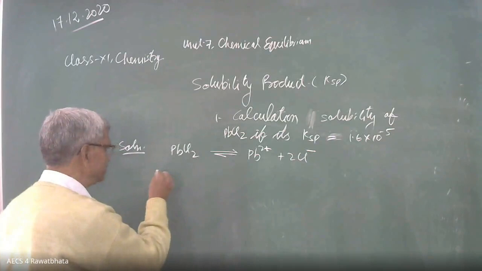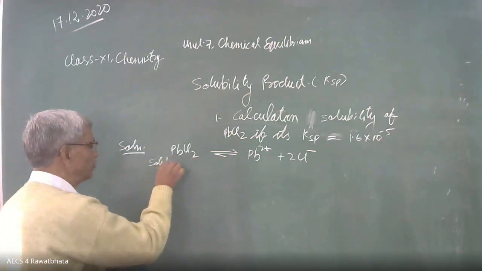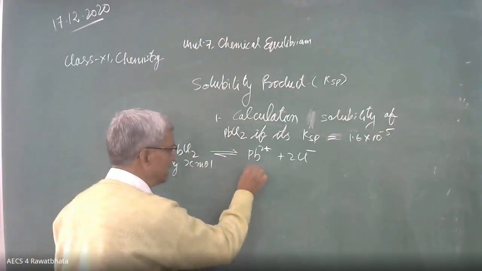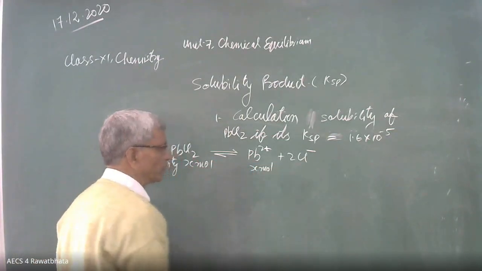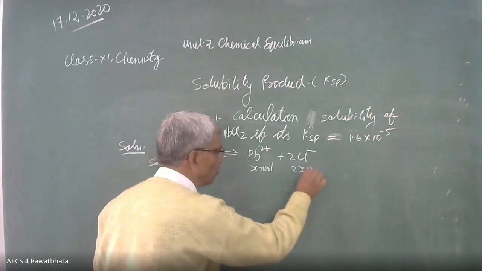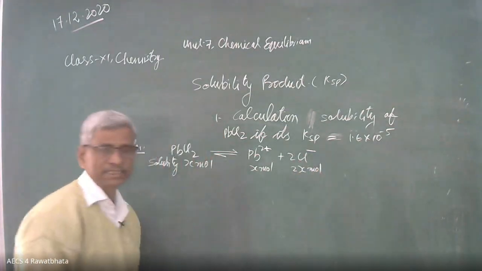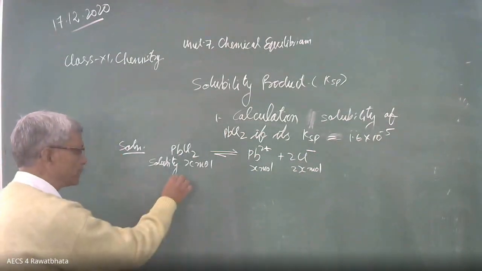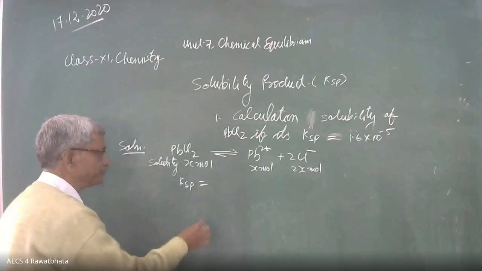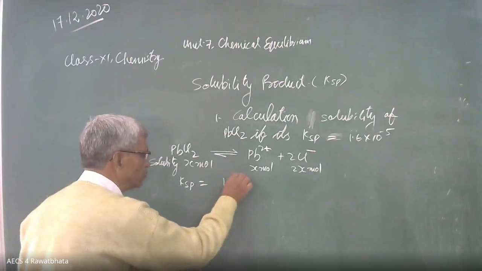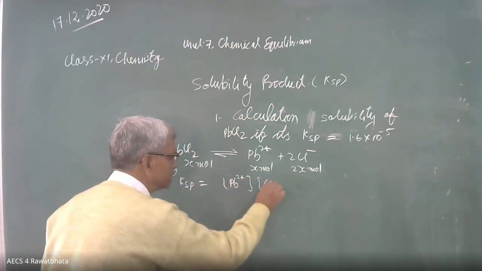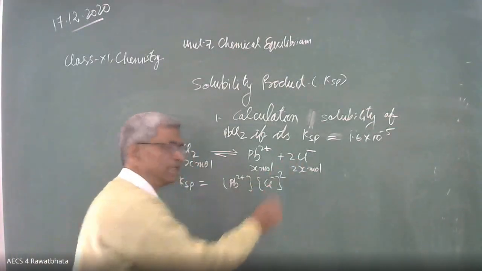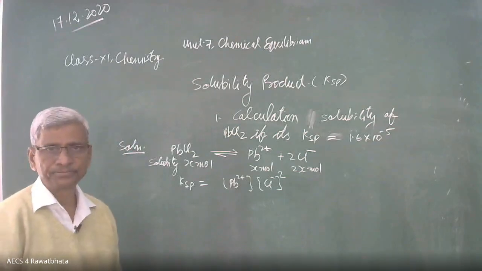Okay. Then the expression. Its solubility is x mole. Then here we get x mole of Pb2 positive, and here we get 2x mole of Cl minus, chloride ion, 2x mole as per the equation. Then the expression of solubility product Ksp is equal to molar concentration of Pb2 positive into molar concentration of Cl minus squared. Because the coefficient is 2, it will come in the form of power square.